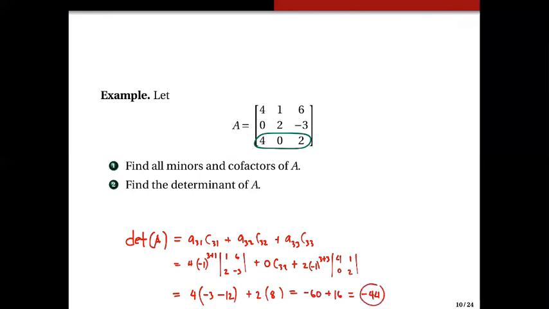So this is the determinant of this matrix. And as I have said, even if you use the first column or the second column or the second row or any other column or row for the matrix A, you should be able to get this determinant value. Okay?